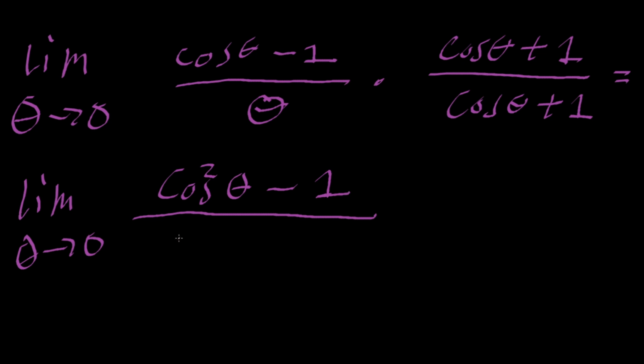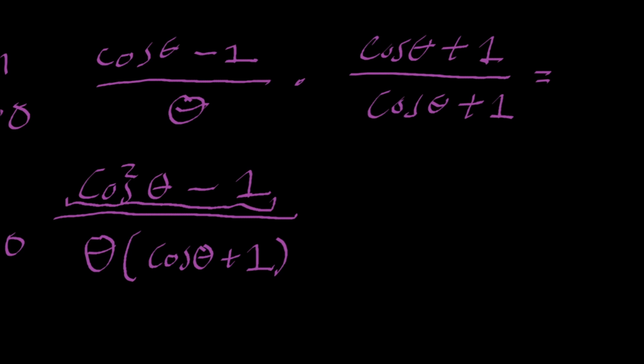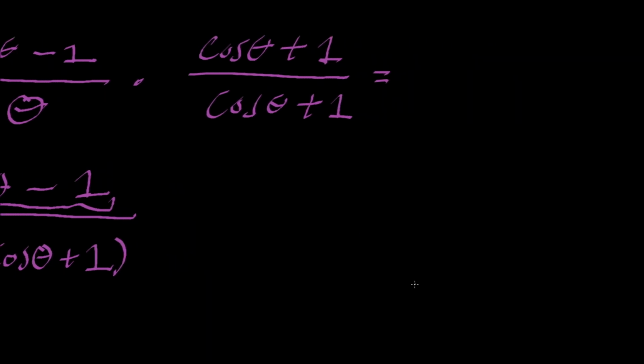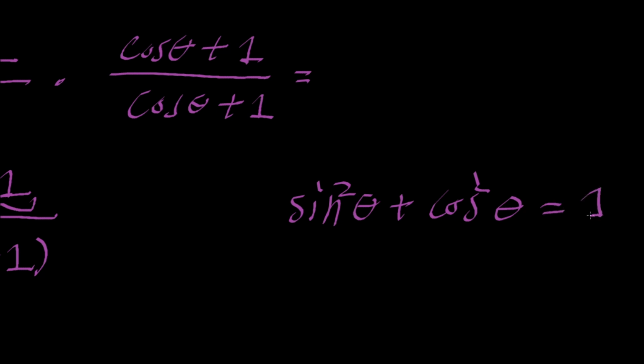And in the denominator, we have theta times cosine of theta plus 1. But we can simplify this a step further by a trigonometric identity. It's the case that sine squared of theta plus cosine squared of theta is equal to 1.